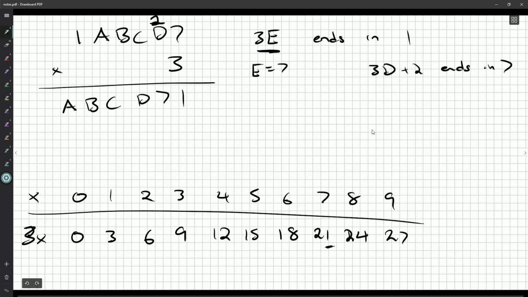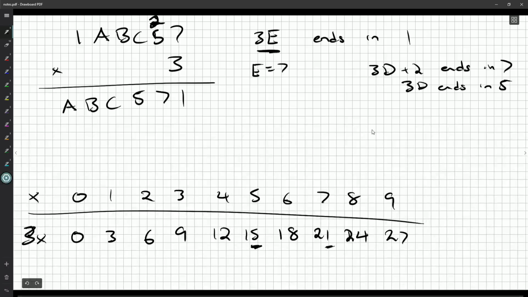So if I subtract 2 from both sides, 3D ends in a 5. Again, thanks to the nice properties of 10 and 3, only one of these ends in a 5, so D has got to be 5, and we can just slowly work this out. So we get a 5 here, and therefore a 5 here, and each column gives us the result for the next column.